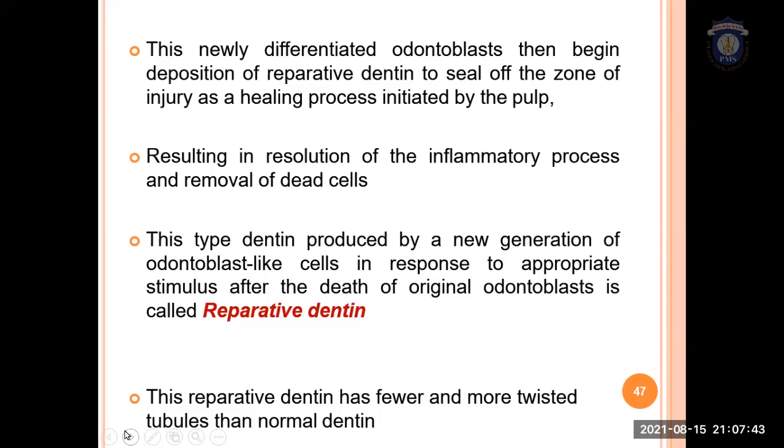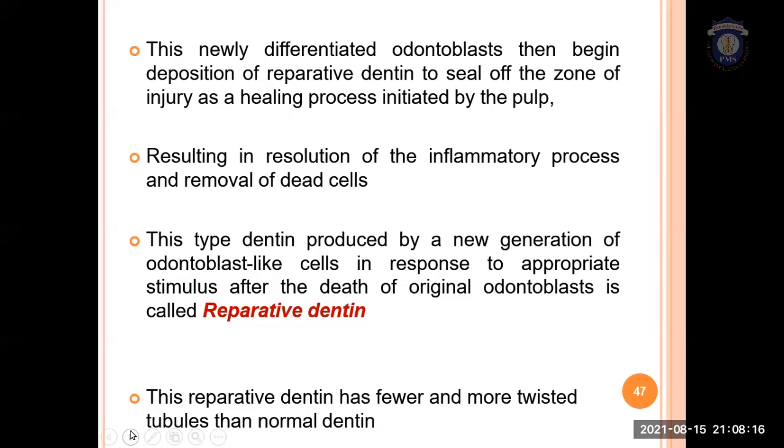So this kind of newly formed tertiary dentine, by the newly recruited undifferentiated mesenchymal cells which regenerate to form new odontoblasts, is known as reparative dentine. So this is produced by a new generation of odontoblast-like cells in response to the stimulus after death or non-survival of the original odontoblasts in that area. So the activation is done by the pulp.